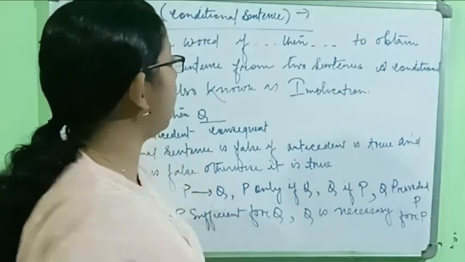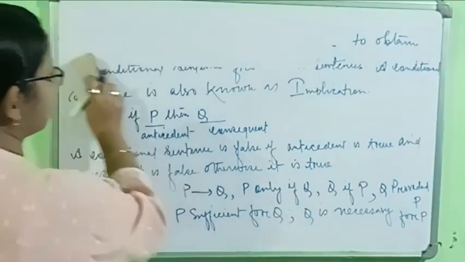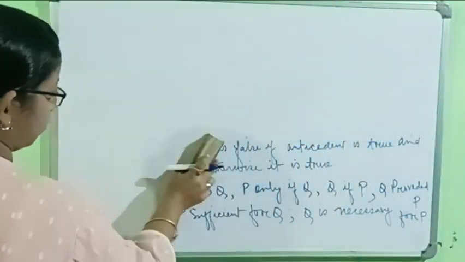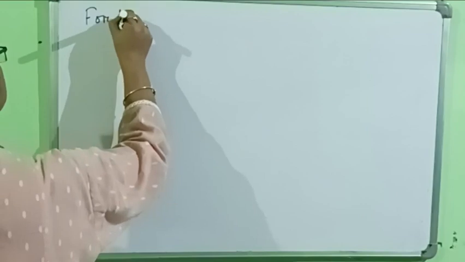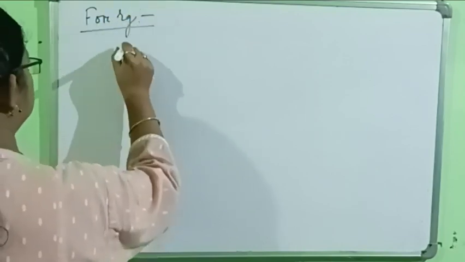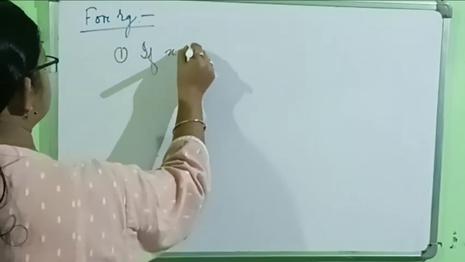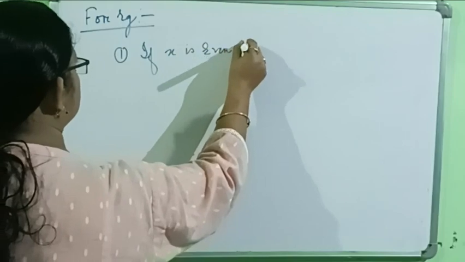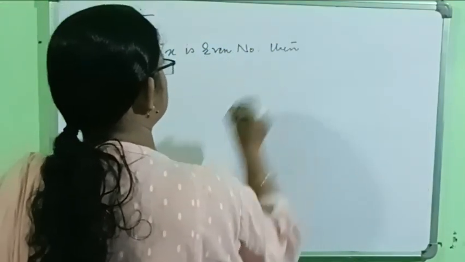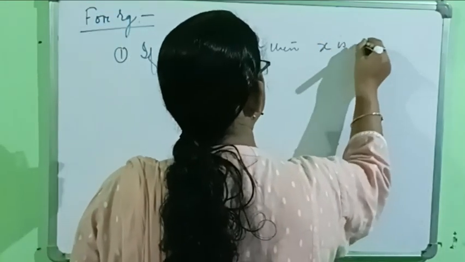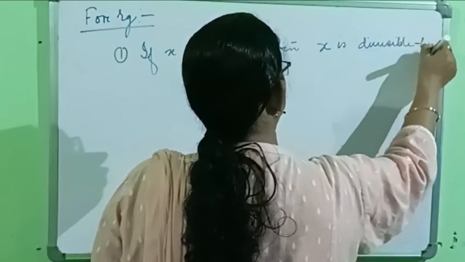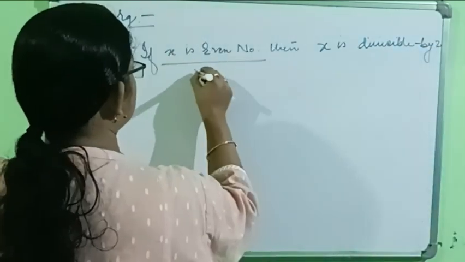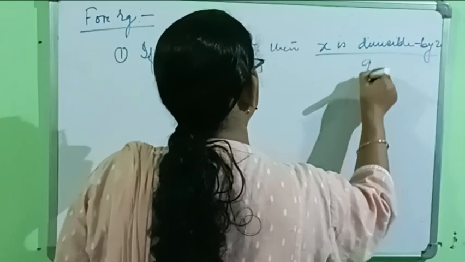Next, take one example. If x is an even number, then x is divisible by 2. Here this is the antecedent and this is the consequent.